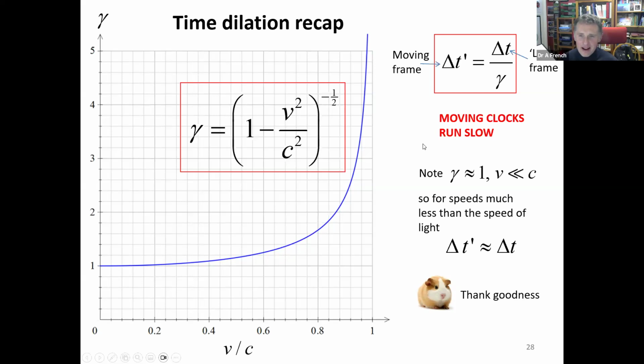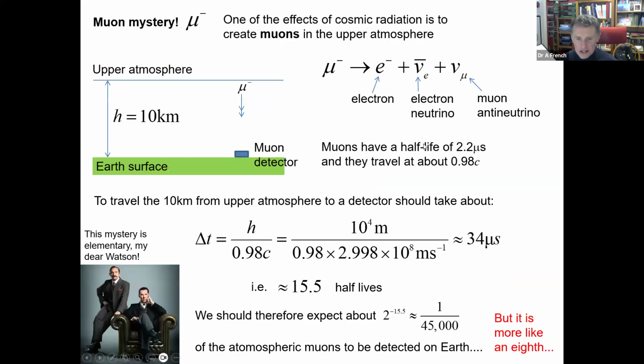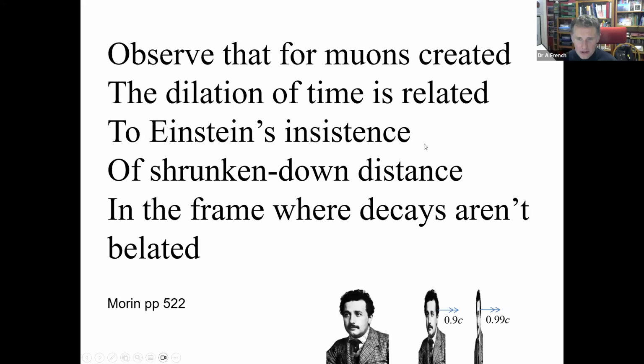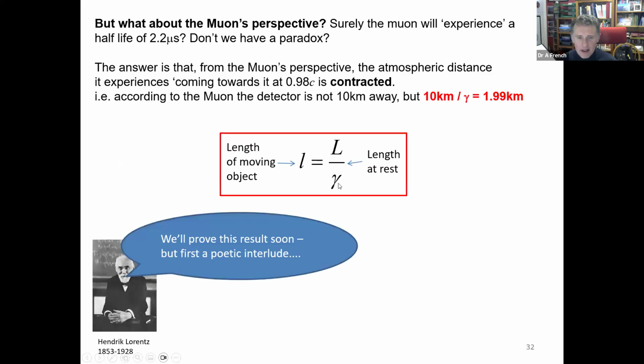You can also think about it as length contraction, because if you look at our length contraction idea, if you go near the speed of light, gamma tends to infinity, then the length of your moving object tends to 0. So in other words, if you're going incredibly fast, Alpha Centauri is really close. It doesn't seem to be any distance at all. So that all hangs together.